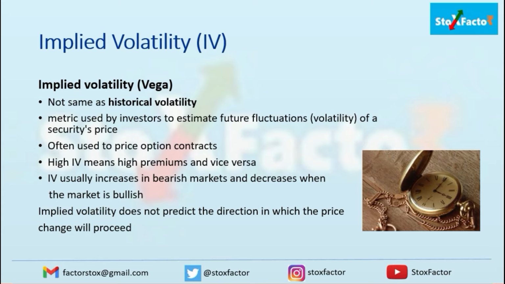Generally IV increases in bearish markets and decreases when the market is bullish. You must have also heard about India VIX, the volatility indicator. Implied volatilities have a very good correlation with the India VIX. If you are doing swing or positional trading, following the India VIX is enough. We have discussed this in our previous videos also.